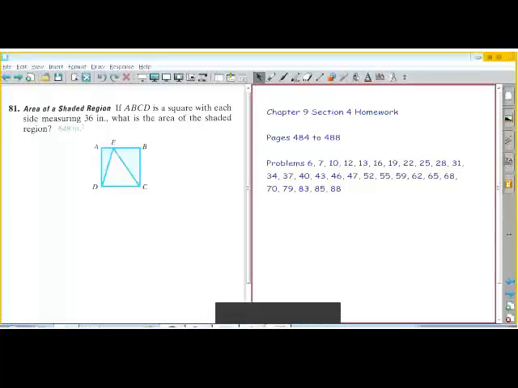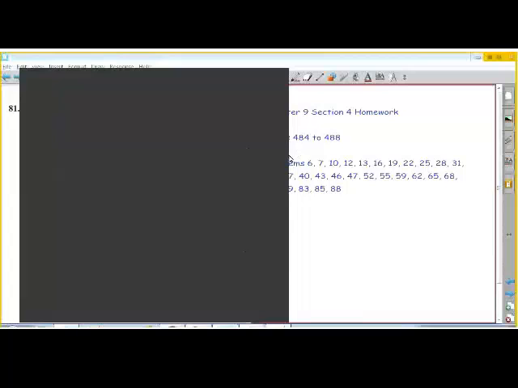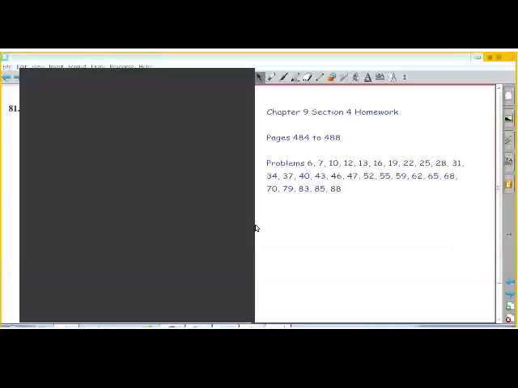Also, let me take a roll here before I forget. Make sure I didn't miss anybody. Okay, let's see. Actually, I need to. Yeah, hold on just a second. I'm gonna put it back up. I just need to make it so I can minimize this thing.